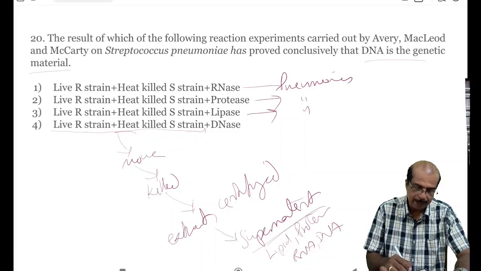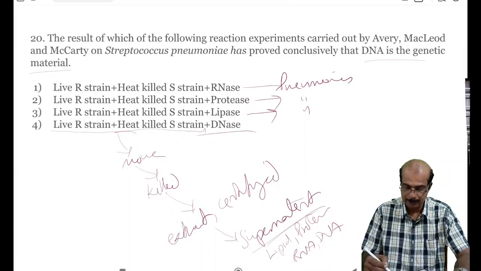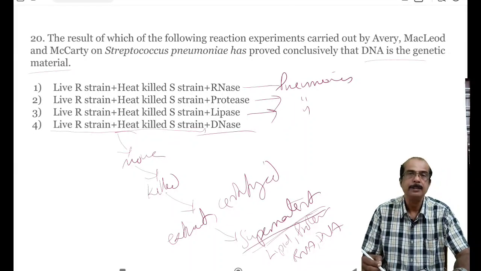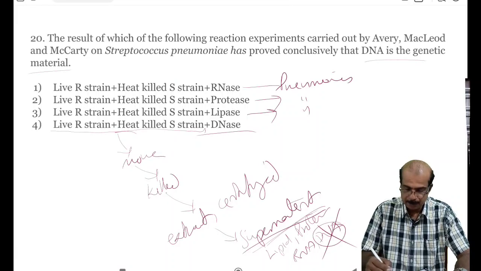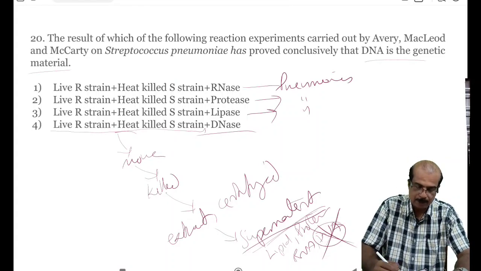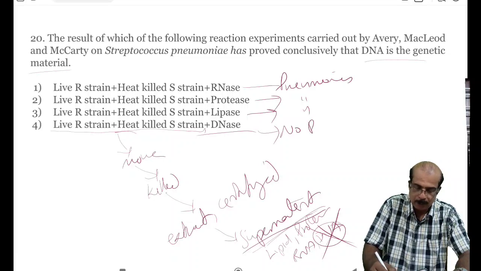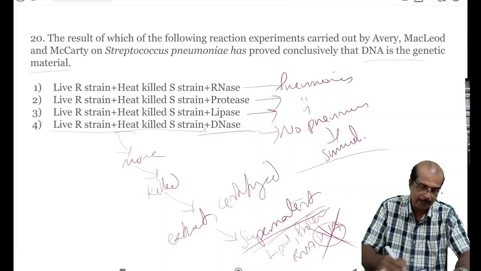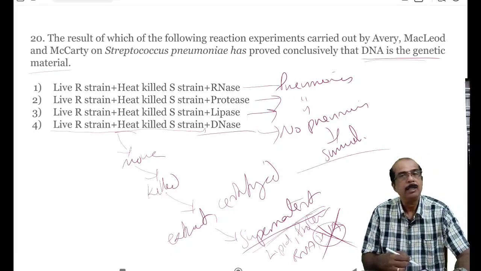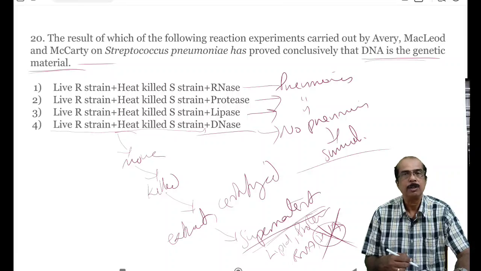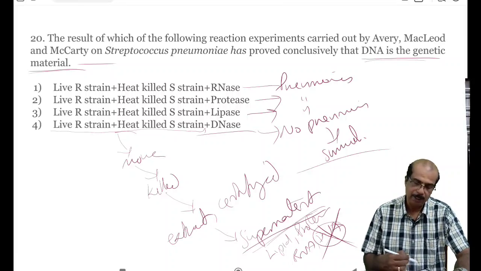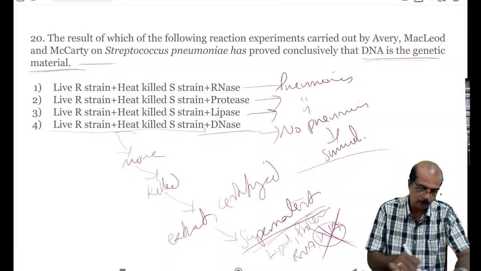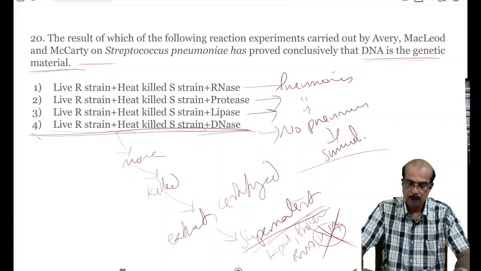When DNase is added to this supernatant, the DNA is degraded. When DNA is absent in this extract, the mice are not affected with pneumonia, no pneumonia, and they survived. From this inference, they concluded that DNA is the genetic material in bacteria, or the universal genetic material. So our answer to this question is option 4.